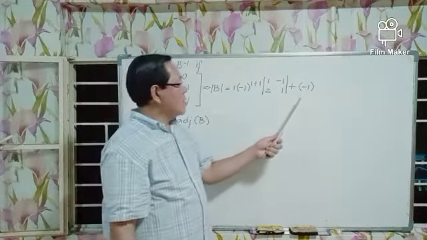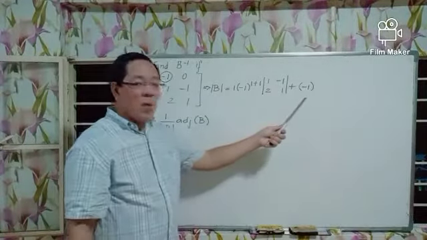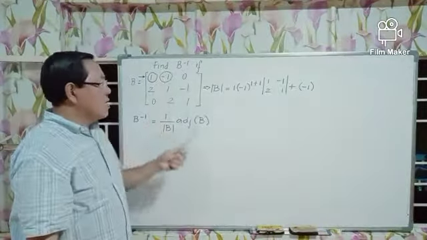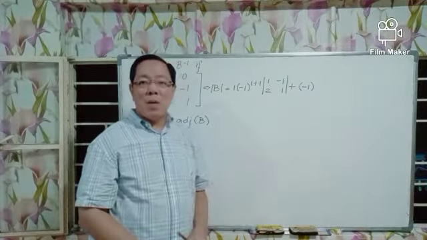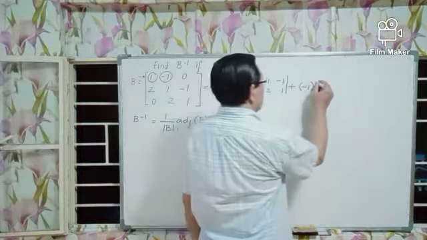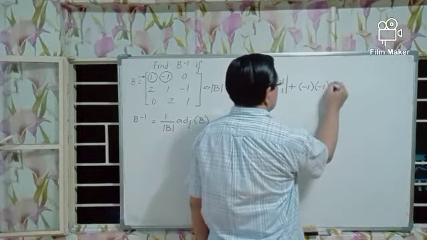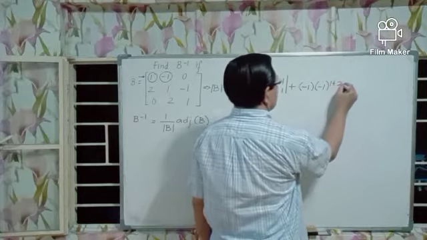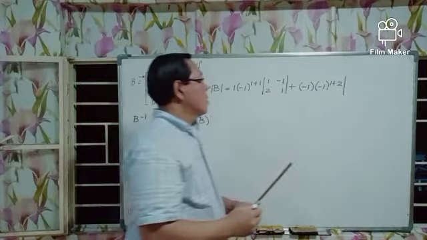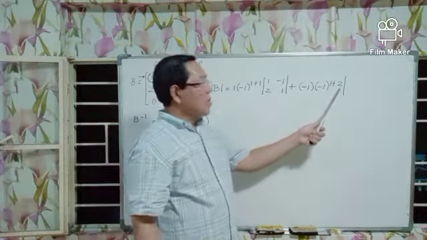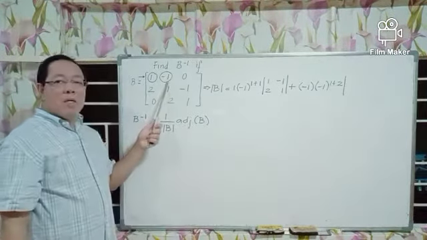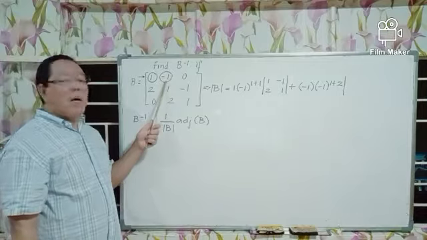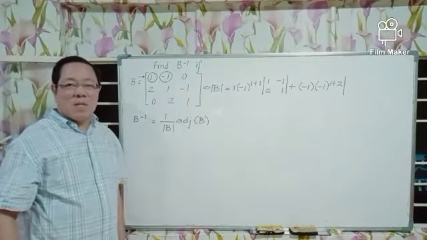Hence we raise negative 1, where negative 1 here is the element minus 1. And the cofactor of minus 1 is minus 1 to the power 1 plus 2, where 1 and 2 in the sum are the row number and column number of minus 1 respectively.